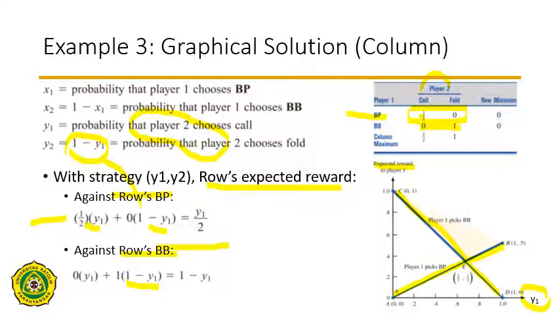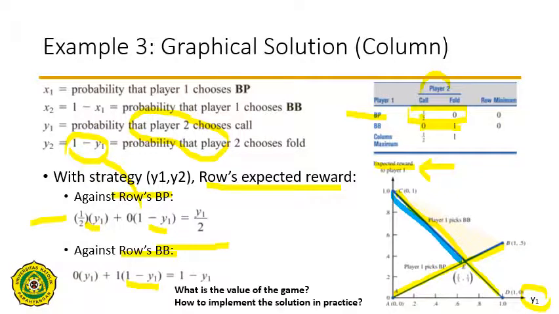Because this is with respect to the reward for player 1, he will try to maximize his reward. So the lines that will happen are from C to E and then E to B. Remember that the column player has control of this x-axis.